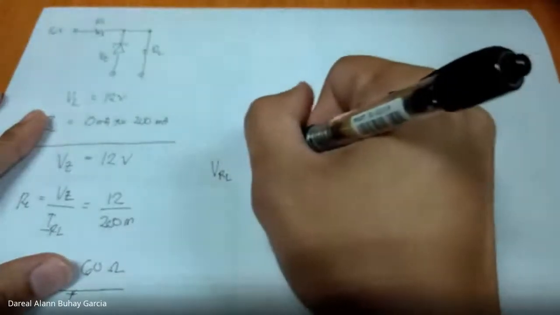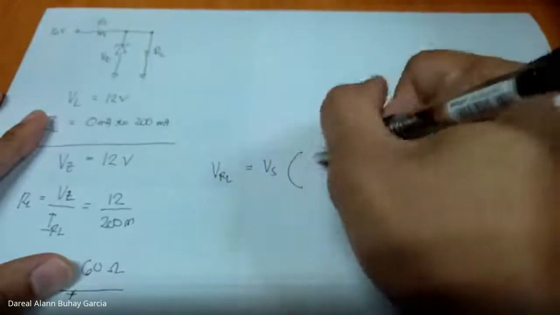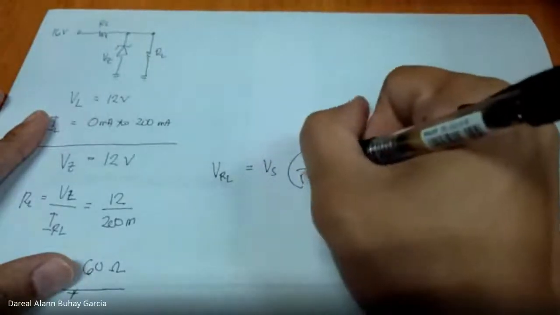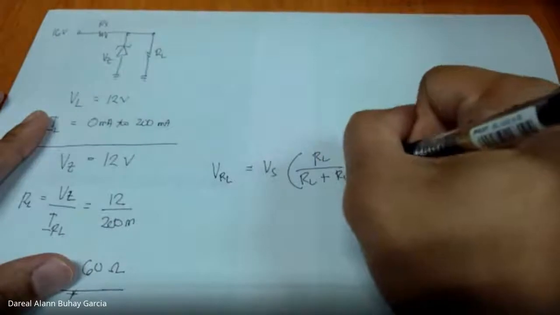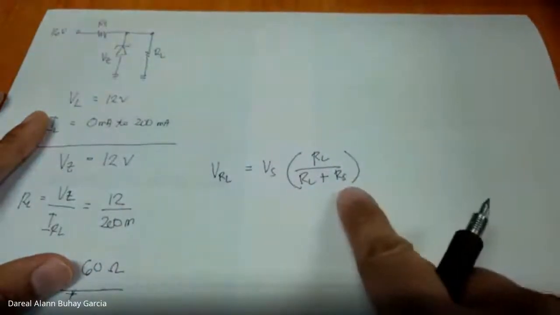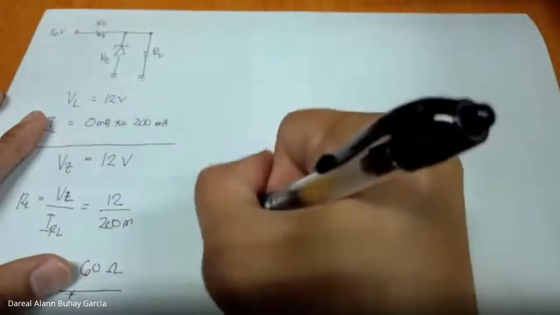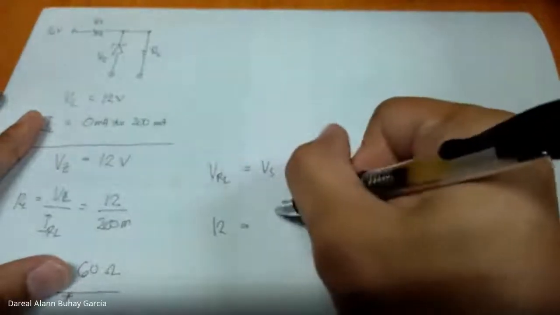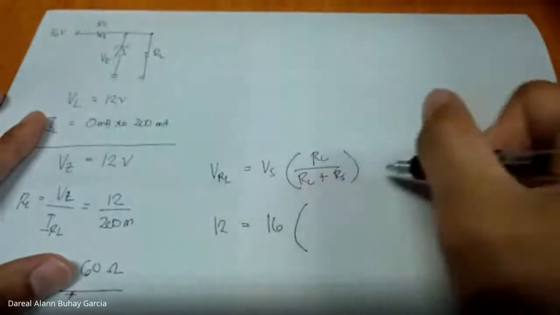VRL is equal to VS times RL over RL plus RS. Given tanan except RS. VRL maintained at 12 volts. Source 16.